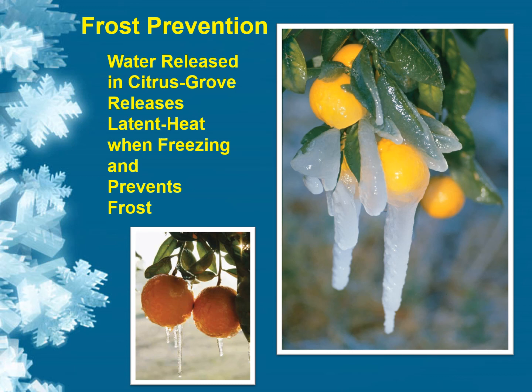So it may sound counterintuitive to spray water onto your fruit when it's about to frost, but you spray water onto your fruit and it forms this layer of ice, and that is condensation, and that's going to release some heat energy and basically, I guess, form a protective shell around the fruit, preventing it from frosting.